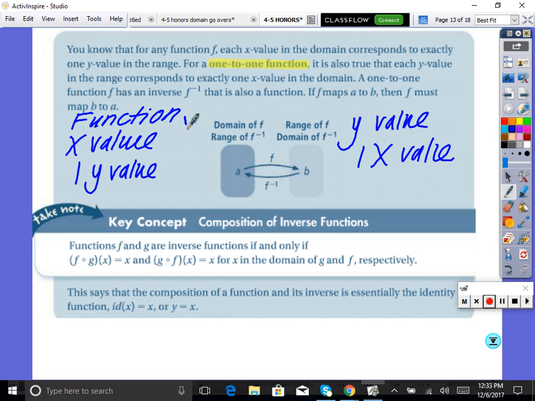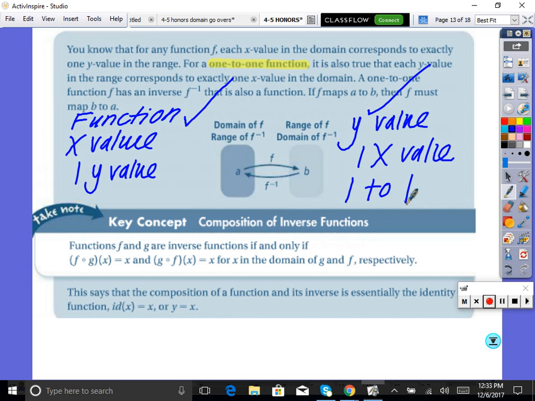So what would that mean? Correct. If you have a function and its inverse is also a function, that makes it 1 to 1. So if I said to you, is this function 1 to 1, what you would do is find the inverse. If that is a function, then yes, it's 1 to 1. If it's not, it's not 1 to 1. So for example, look at problem number 12.